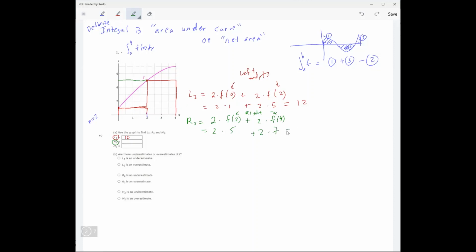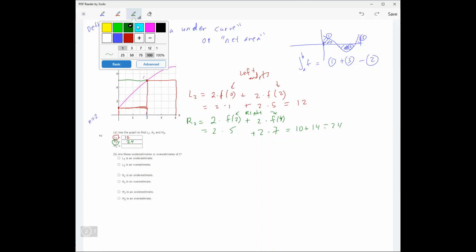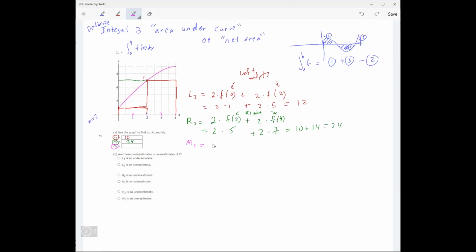So that's 10 plus 14, or 24. And then for the third one, M, this is midpoint. These are the midpoints of the intervals, so 1 is the midpoint.